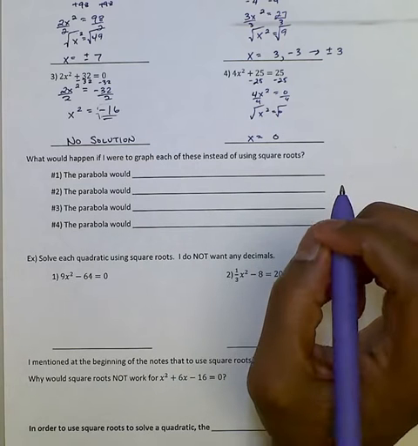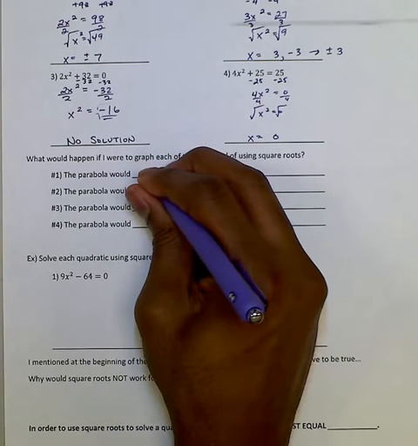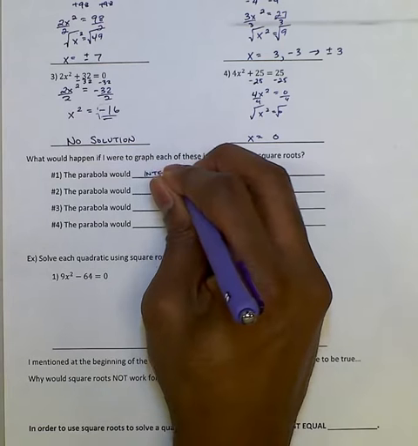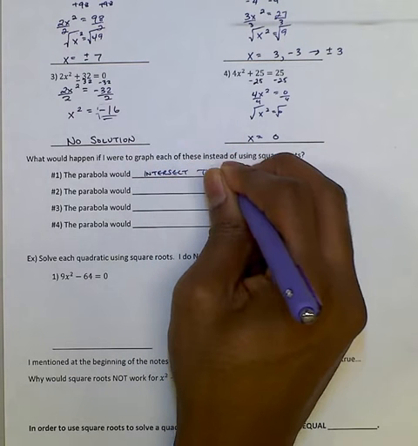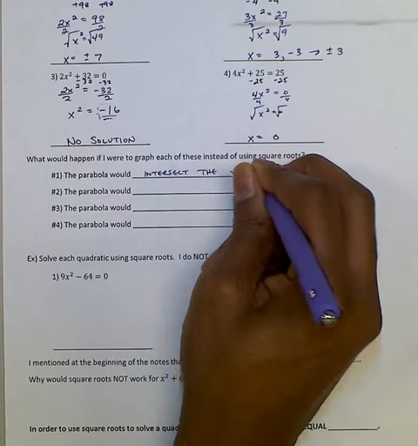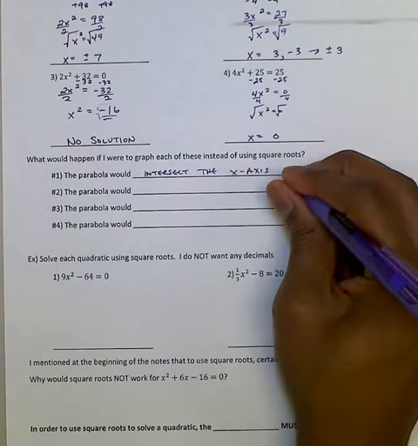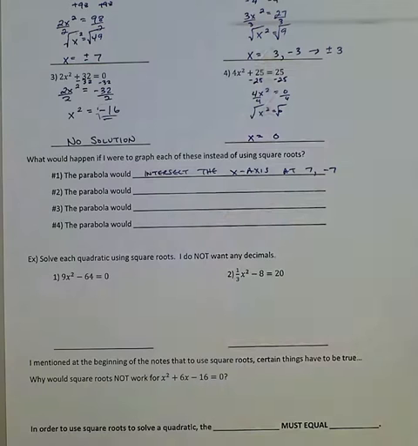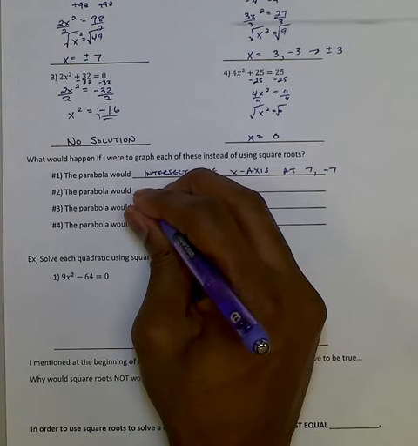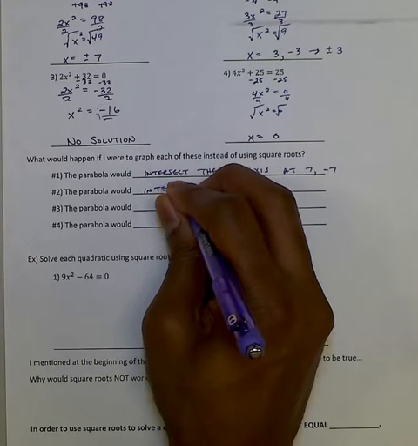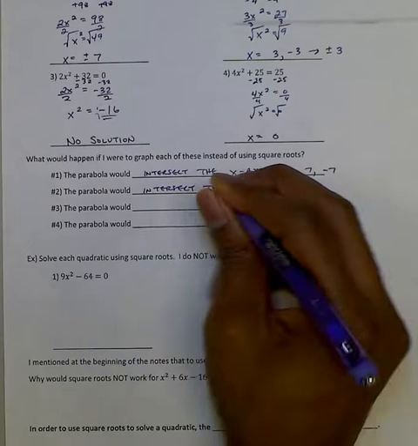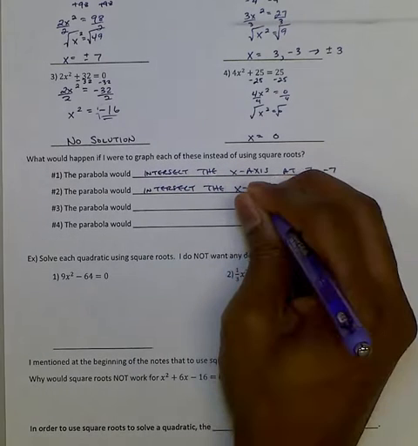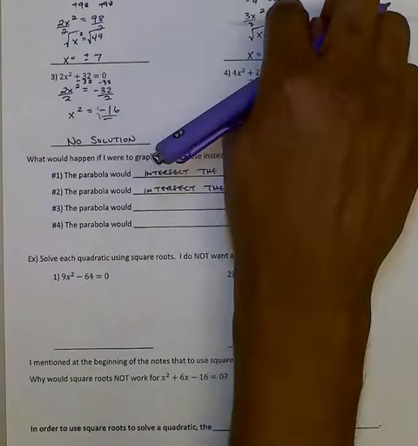The first would intersect the x-axis at 7 and negative 7. This one would intersect the x-axis at 3 and negative 3.